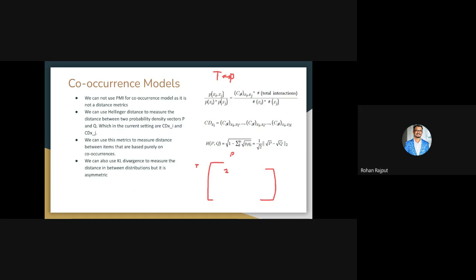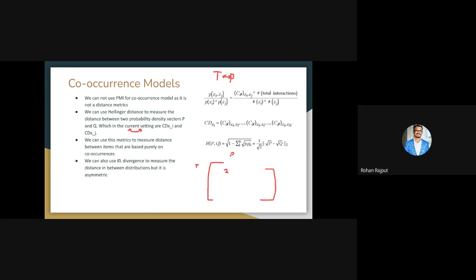When certain words, like let's say current and setting, appear a lot together in a document, we'll say that the co-occurrence between current and setting is high, because they appear together a lot, rather than current and ampere or something like that.